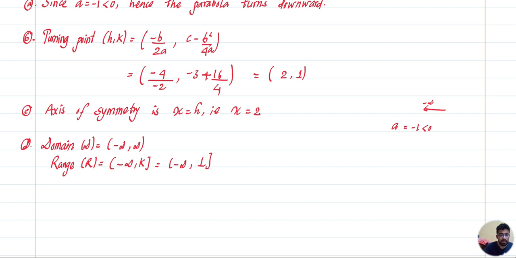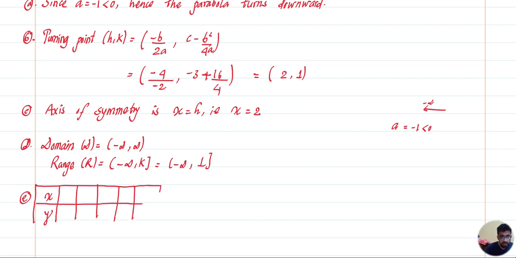Finally, we can get some passing points by substituting different values of x in the above equation in order to get the values of y. For the passing point x comma y, we put different values of x and get the different values of y. So what is our turning point?